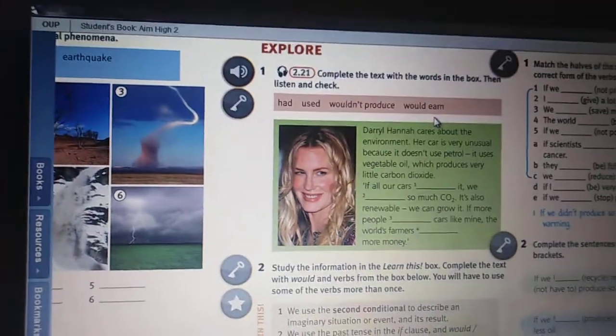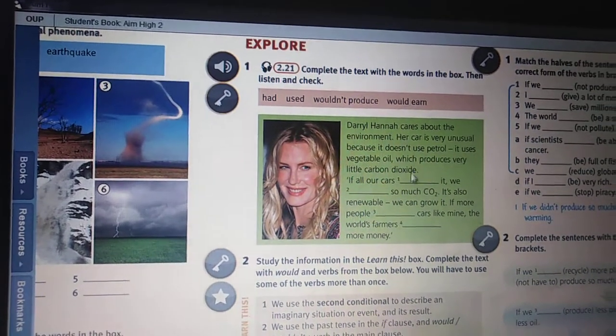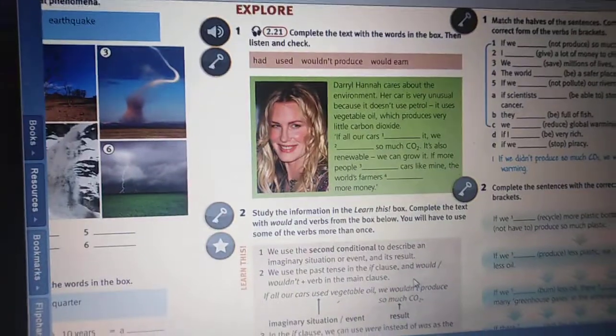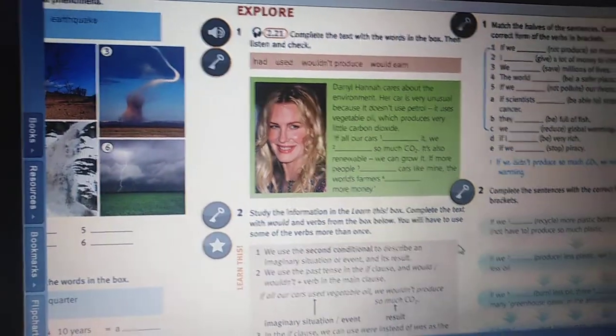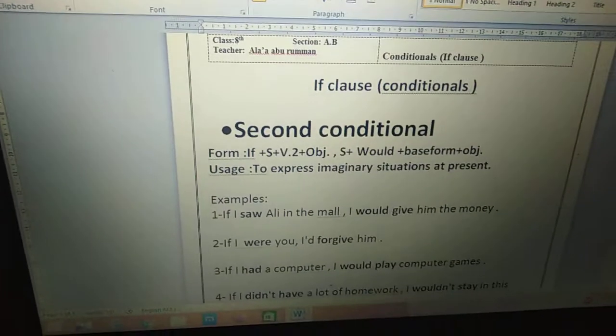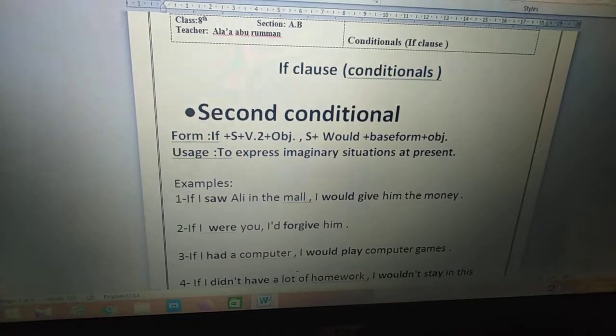So in the first part we use simple past, but the other part we use would plus verb 1. That is the second conditional. Look here: second conditional, if plus subject plus verb 2 plus object, the other part would plus base form.